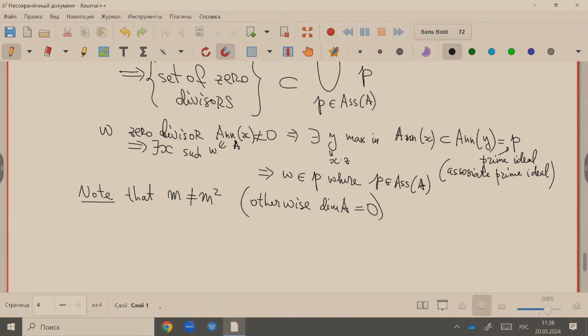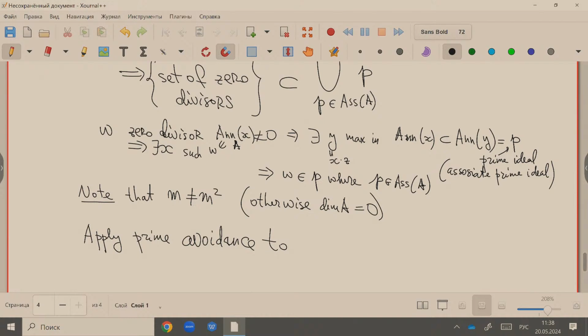Then you can apply prime avoidance to the following.